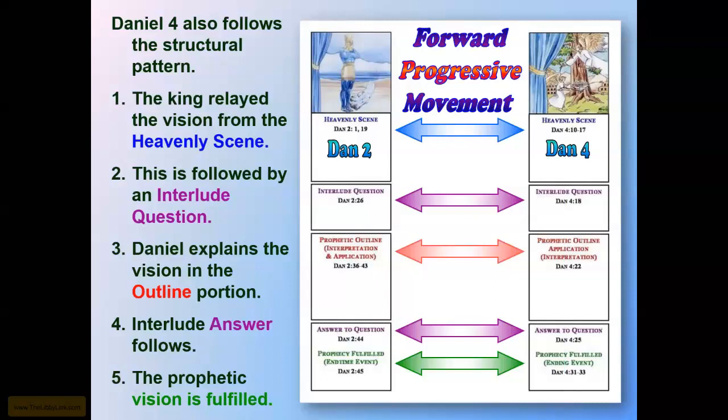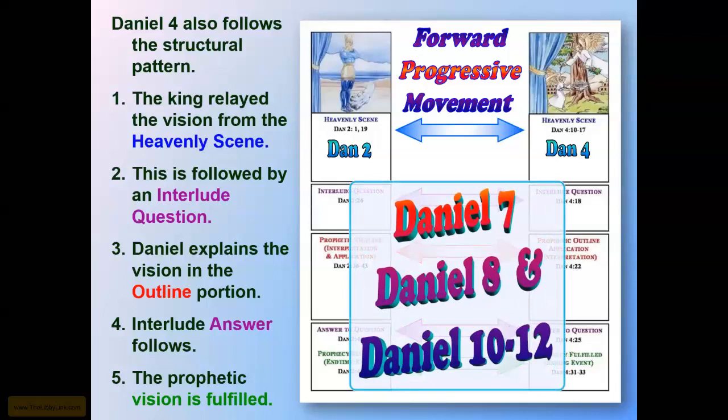Then Daniel explains the vision in the outline portion. We see the answer given, and then we see the prophetic vision is fulfilled. So again, the pattern is very simple, and it's the same pattern in Daniel 7, in Daniel 8, and the last vision found in Daniel 10 and 12. And these patterns, this sequencing, are going to help us also in Revelation, though there may be some differences that Charlene shared with us last time.